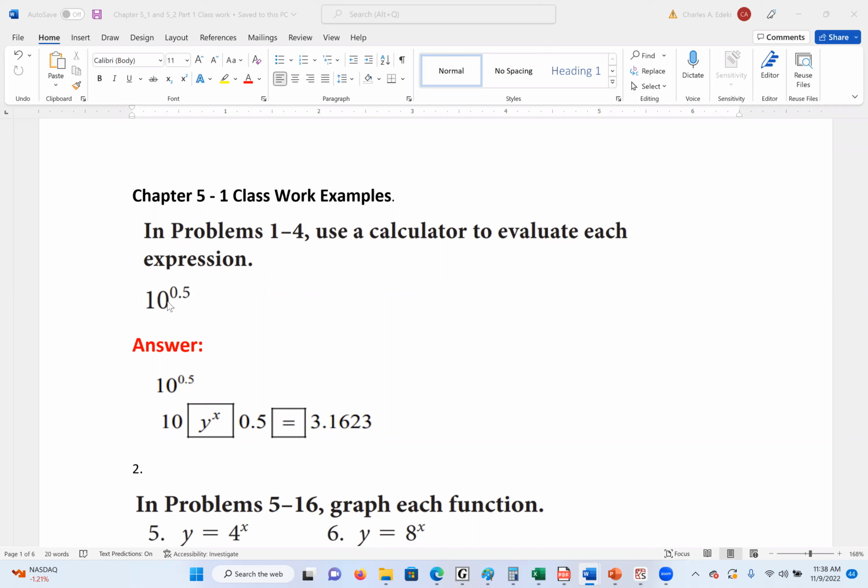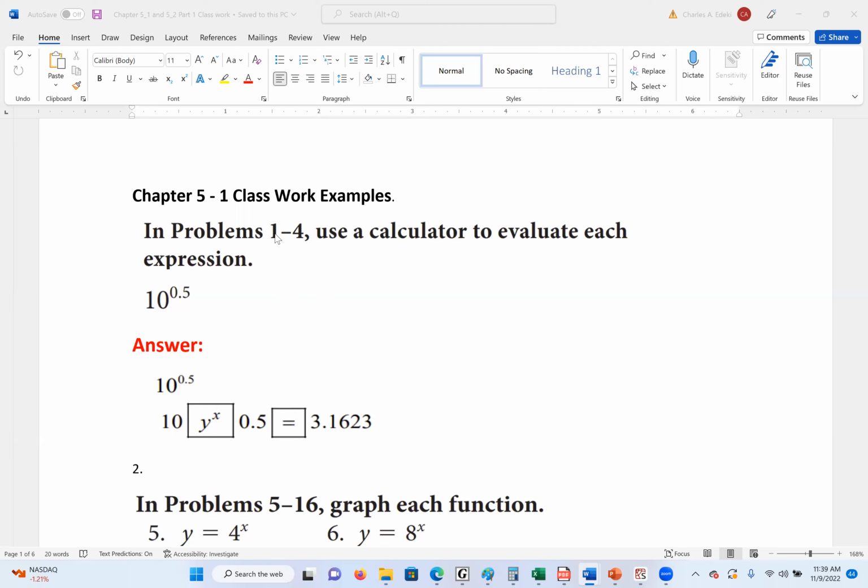So the best way to solve this, I will enter 10 first, then press the key y to the power x, if that's what you have in your calculator, or x to the power y. Then after that, we enter the exponent, then we press equal, and that will give us the answer.